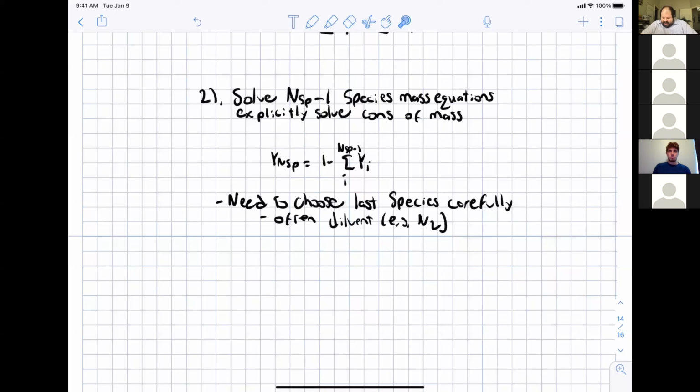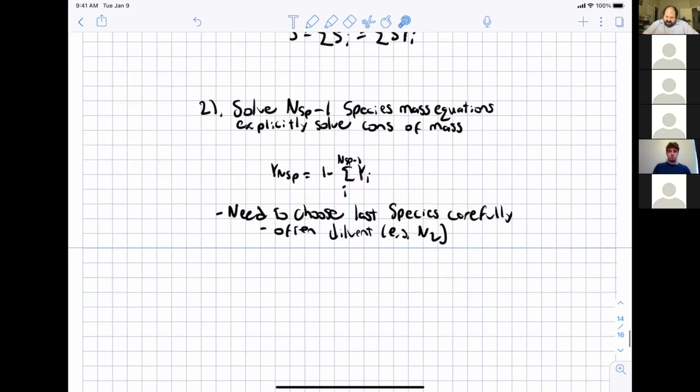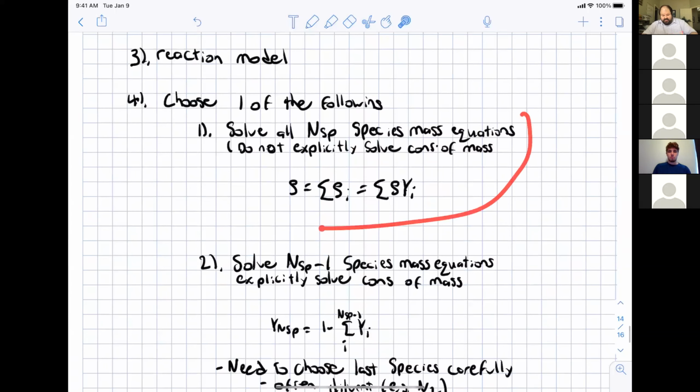And if you do not have a species that is in excess everywhere, like nitrogen in air, then it's often better to opt to do the first version of it. Okay, I know this is a little bit overwhelming right now, but as you work with these equations and you work in combustion, you will eventually get used to these. Okay, so are there any questions on that?